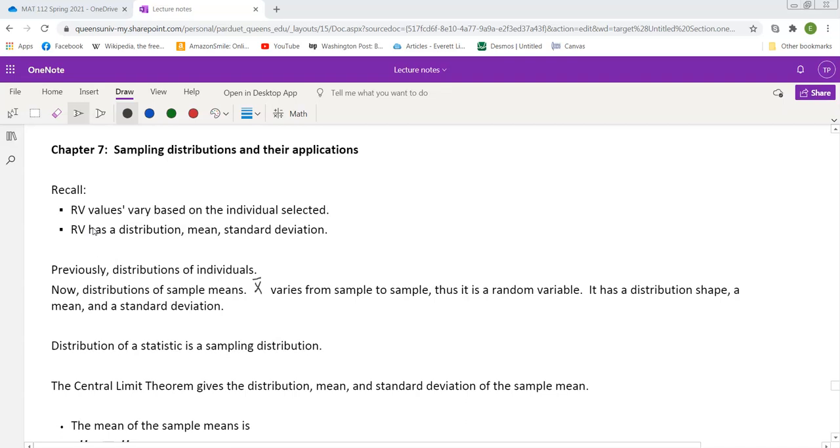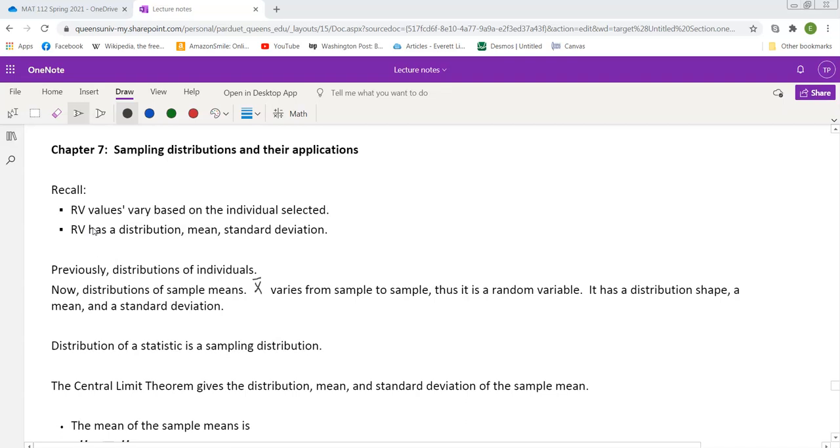So all of the probability problems that we've looked at so far have been looking at distributions of individuals. In the last lesson, we looked at individual tax refunds. So that was a distribution of the amount of tax refunds that individuals would get. All of those were individuals.